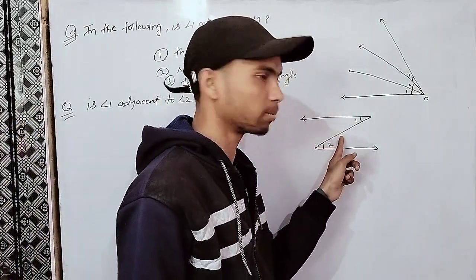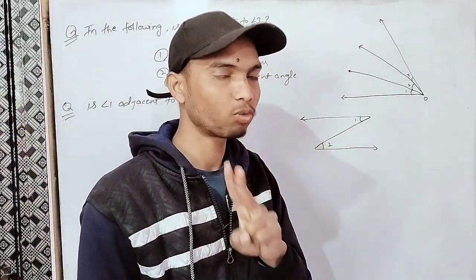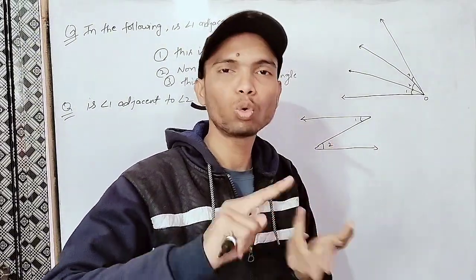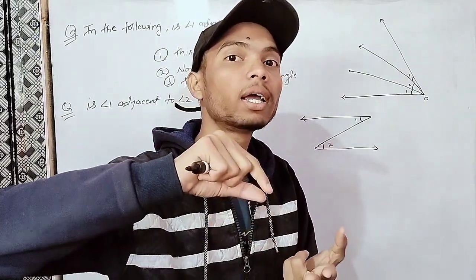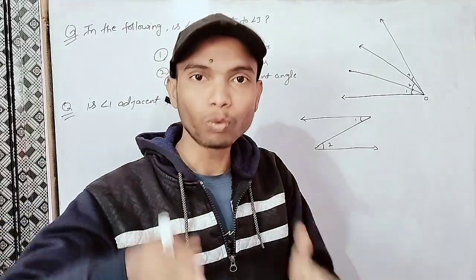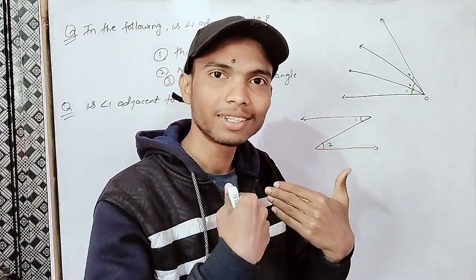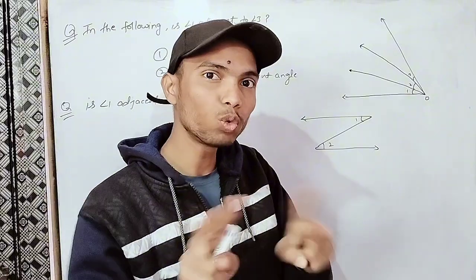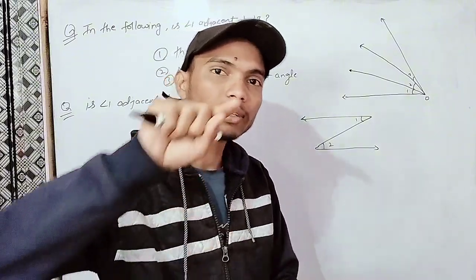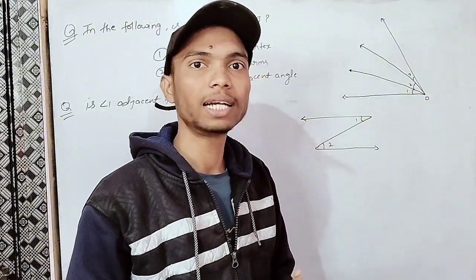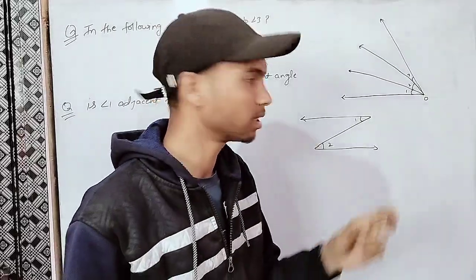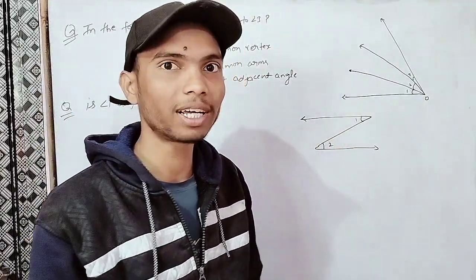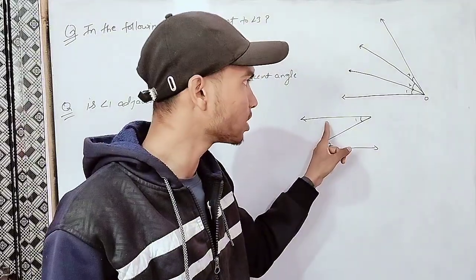This is a common arm. We have two angles, and two lines lying at one place. That's why we say it is a common arm, and this is opposite.